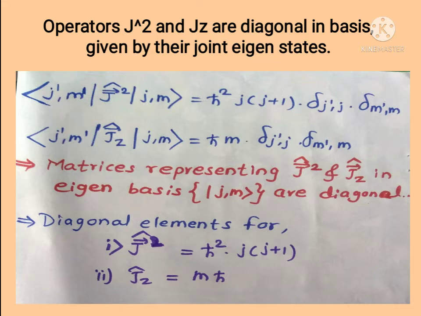Similarly, when operator Jz is operated on state |j m> and bra state <j' m'| is operated on it, then we get m h cross delta j' j delta m' m. m h cross and h cross square j(j plus 1) are the diagonal elements for Jz and J square respectively.